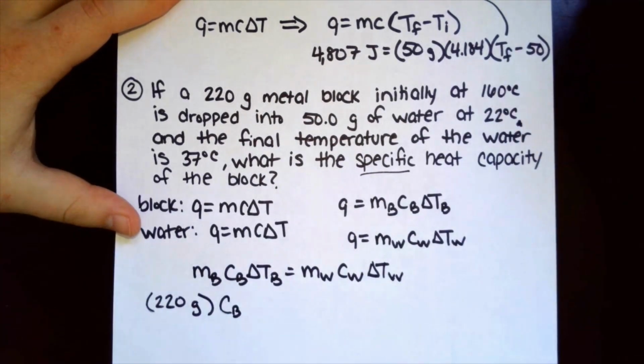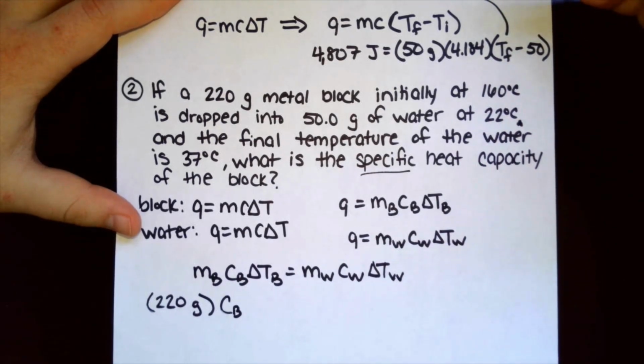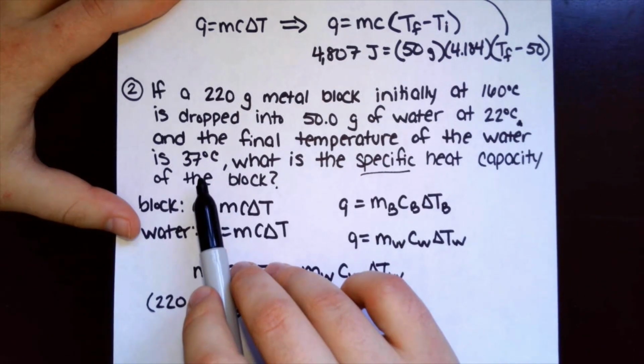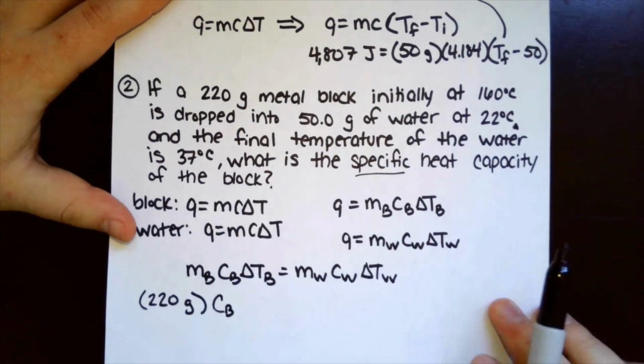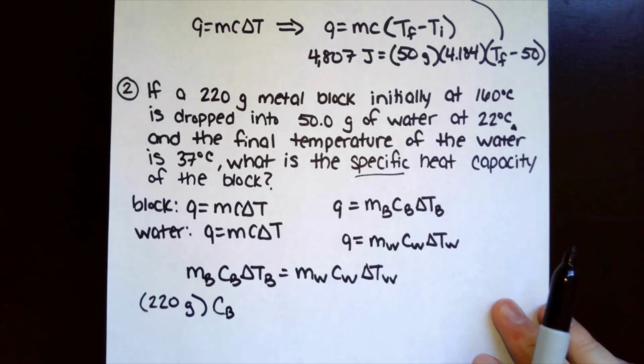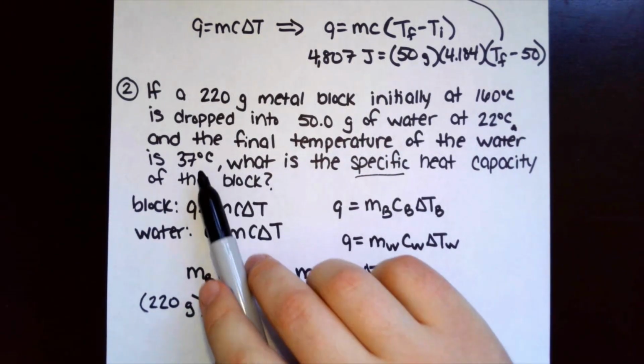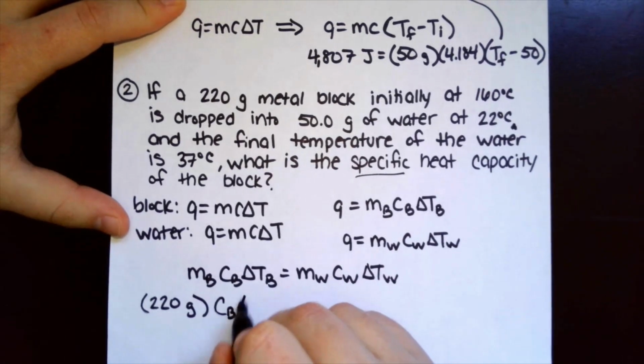Now what could be assumed in this problem is that the block will continuously transfer energy to the water until they have the same exact temperature. When the temperature of the two is the same, no more heat transfer will happen. So if we're told the final temperature of one of them, it can be assumed that the final temperature of the other object is equivalent. So going from 160 to 37, that means that the delta T of the block is 123 degrees.